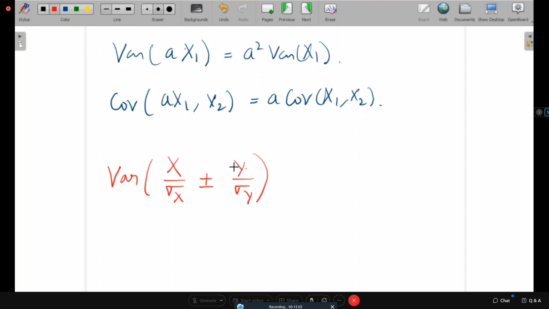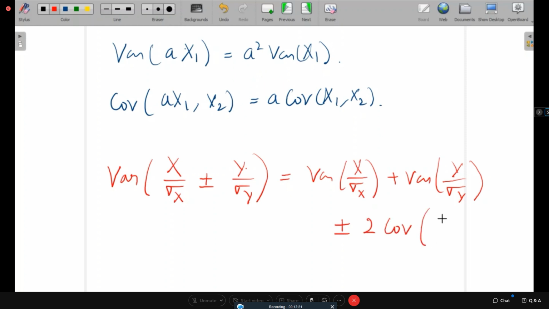Those two are random variables. And just now we have learned that this is going to be variance of x by sigma x plus variance of y by sigma y, plus or minus 2 times covariance of x by sigma x comma y by sigma y. For plus it will be plus, for minus it will be minus.